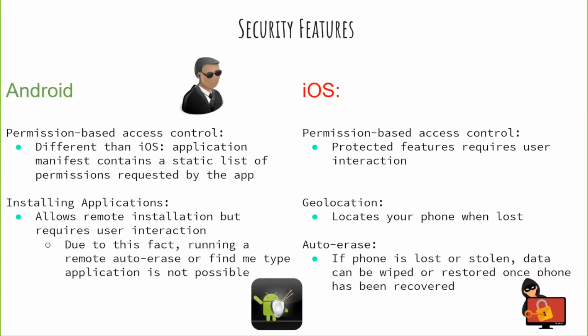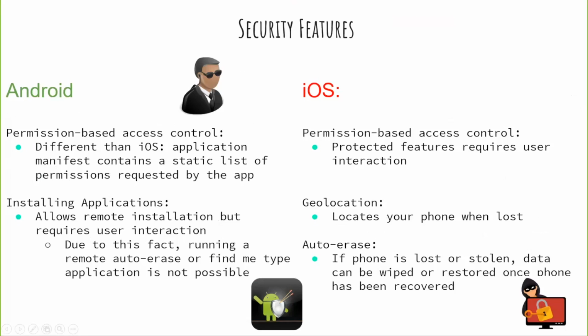Last but not least, when it comes to security features, there are a few differences also between Android and iOS. Android's application manifest contains a static list of permissions requested by the app, while on iOS systems, the features are protected and require user interaction to be installed on the device.